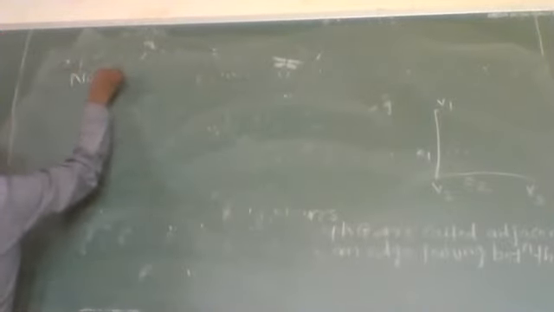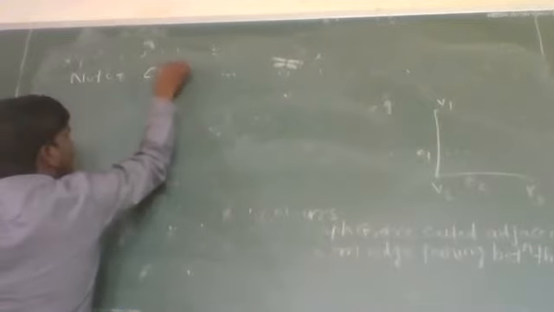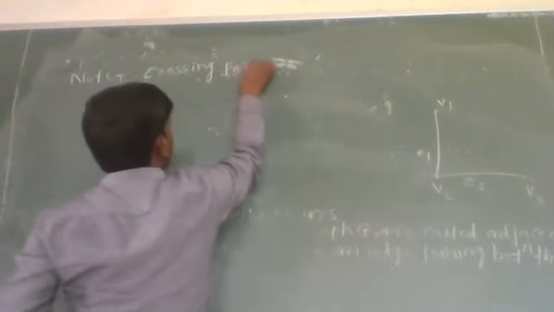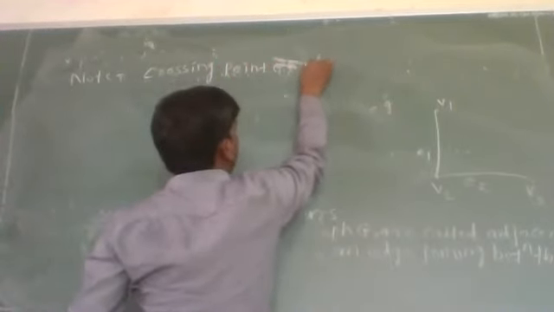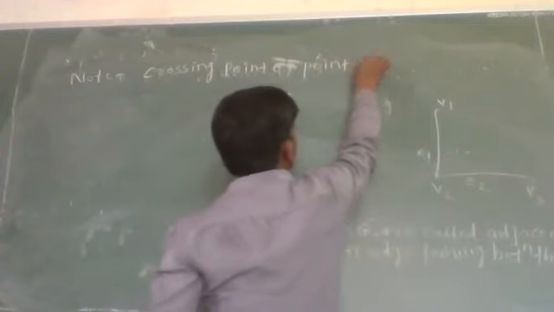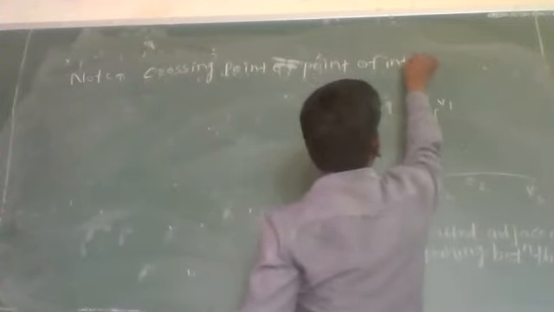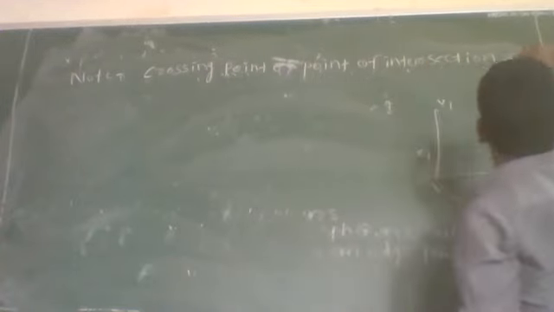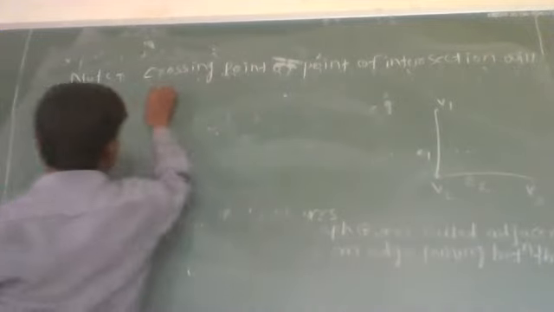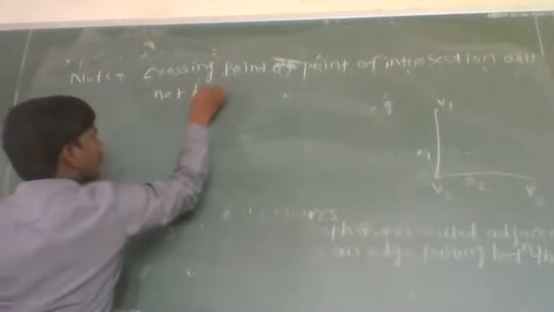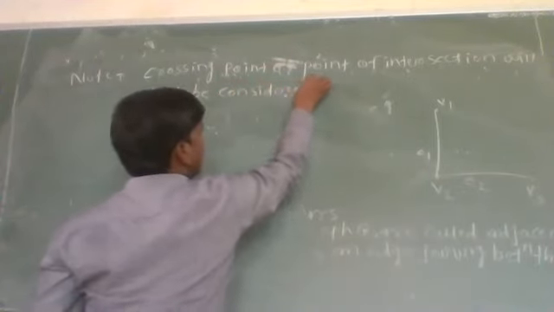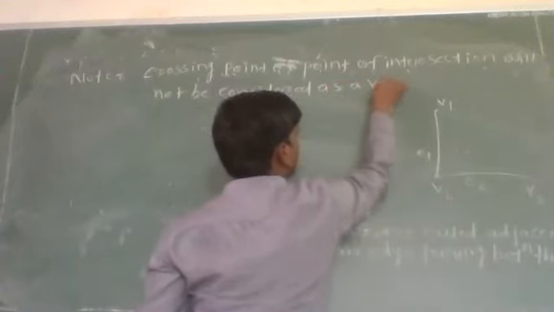Now, there is one important note. A crossing point or point of intersection will not be considered as a vertex.